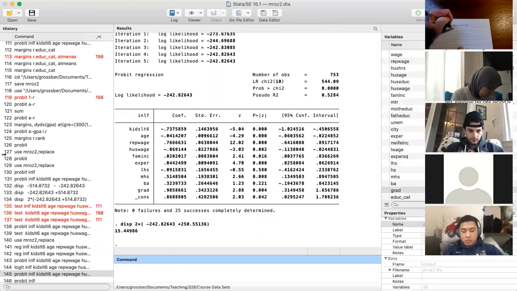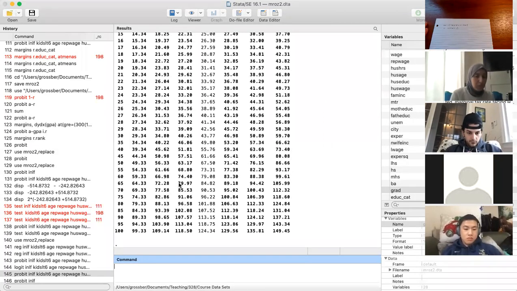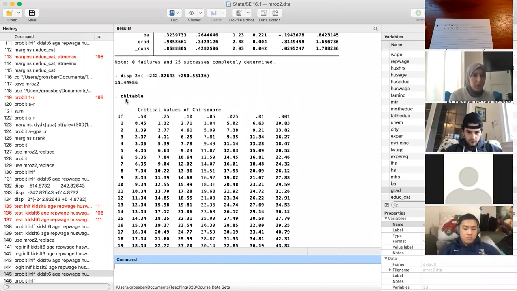And that's going to be distributed as chi-square with 1, 2, 3, 4 degrees of freedom. I can get a chi-square table here just by typing chi-table.